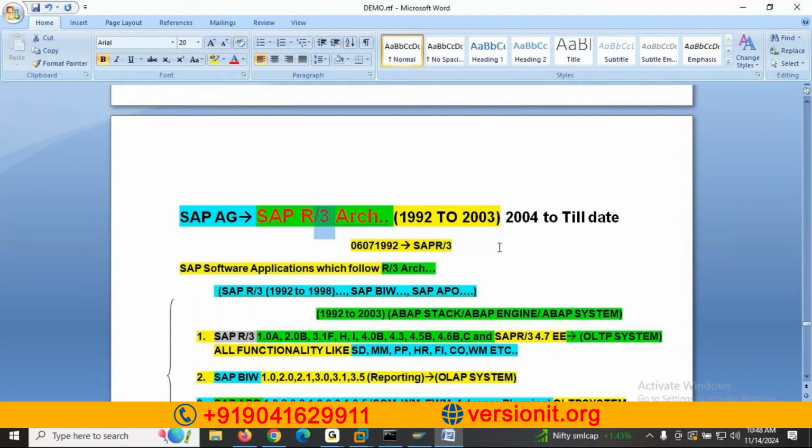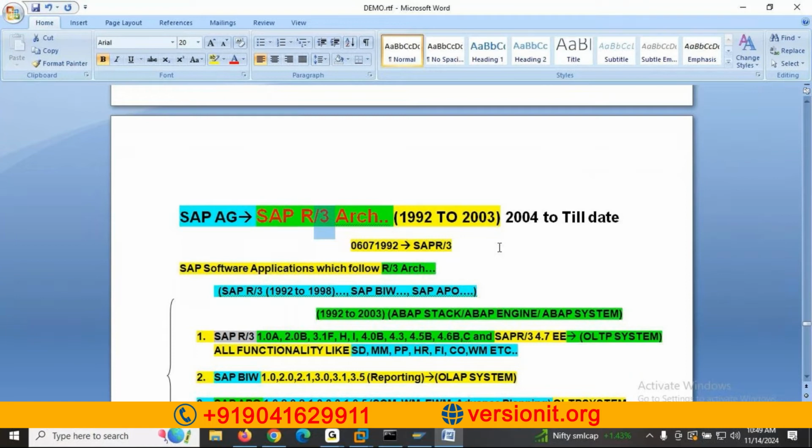And the third tier of a software application is the application tier. What is that, guys? It's an application tier.